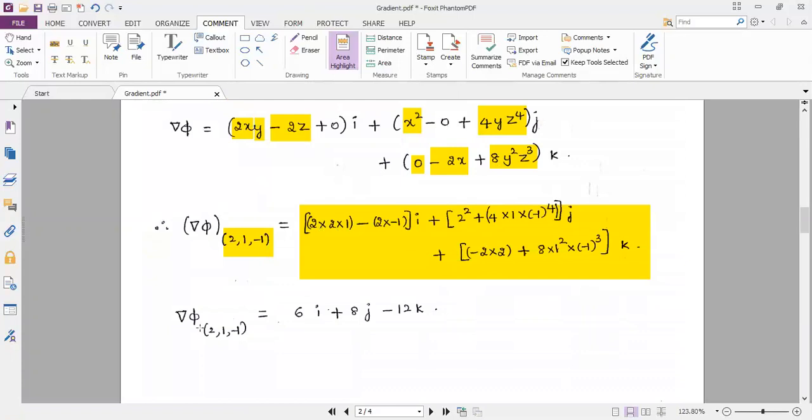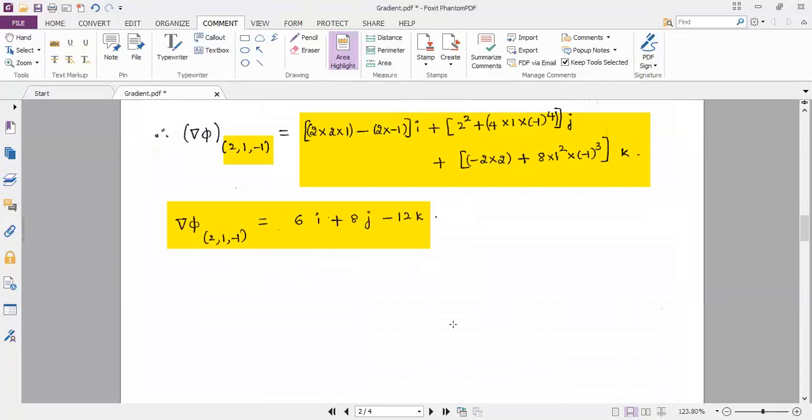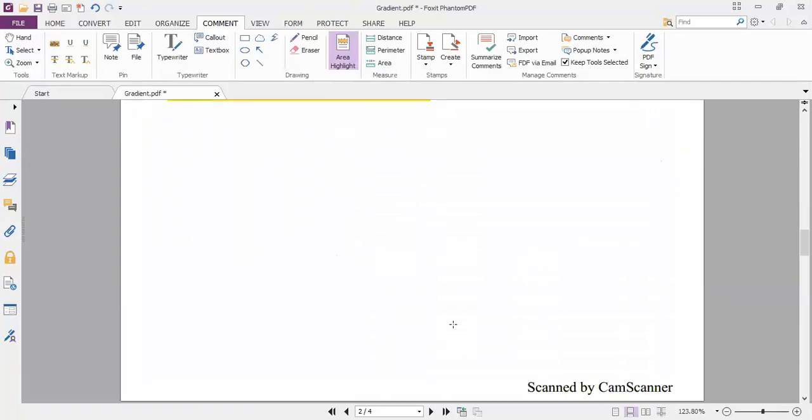Simplifying this, the answer for grad phi at the given point 2, 1, minus 1 is 6i plus 8j minus 12k. So this was a problem to know how to find out gradient of a scalar function phi.